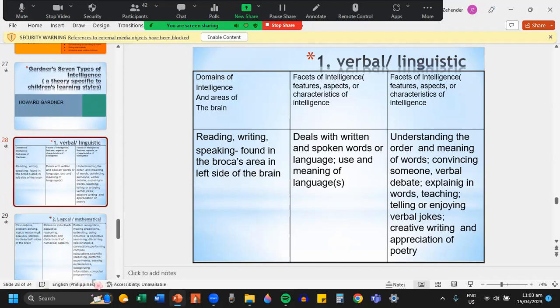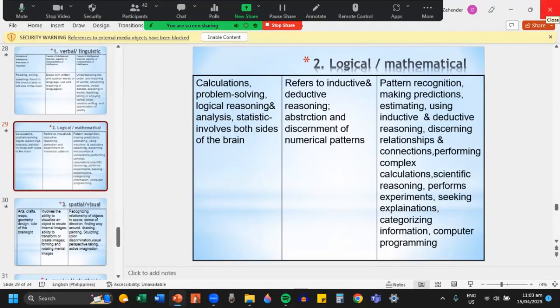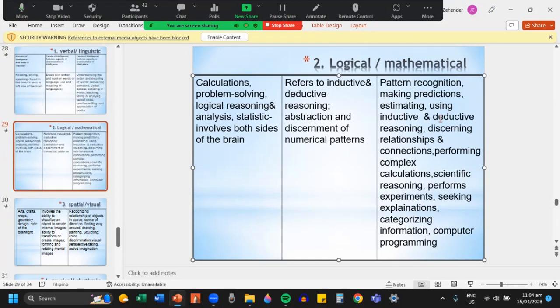Next is the logical or mathematical. They're into problem solving and logical reasoning. It involves both sides of the brain. This refers to inductive and deductive reasoning, abstraction, and discernment of numerical patterns. Sana all kayo ang logical-mathematical, because generally most people hate, are scared of, or are quite intimidated by math.